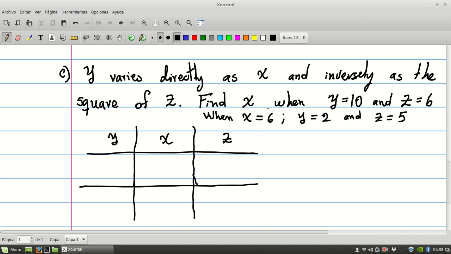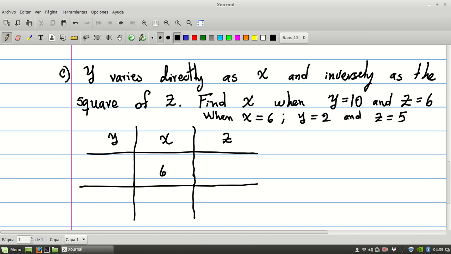Now, find x when y equals 10 and z equals 6. Okay, I'm sorry, I forgot the first part. So now we're going to do the table. So now it's time to pause the video. Pause the video and do it. Now we're going to see how to do it.